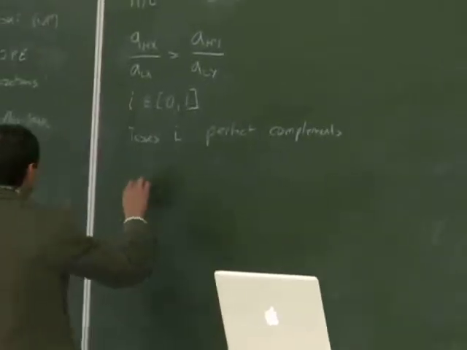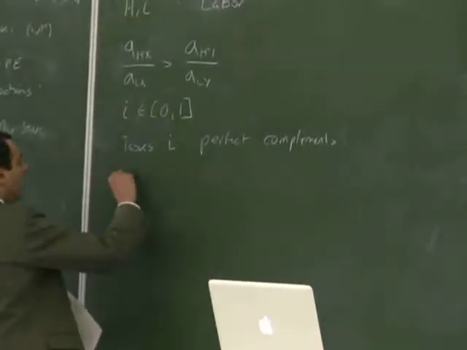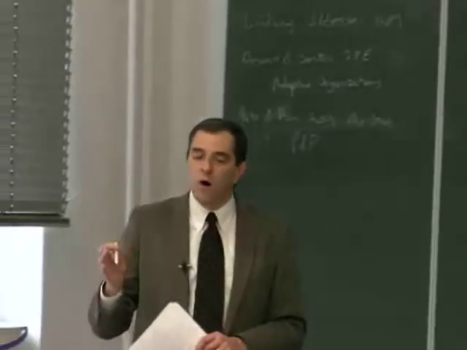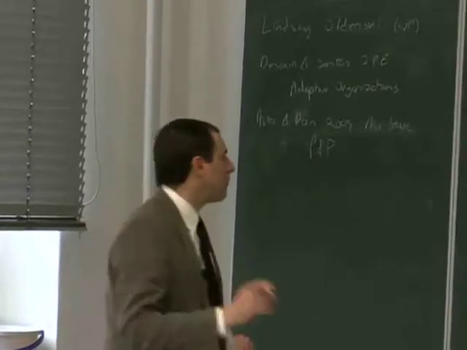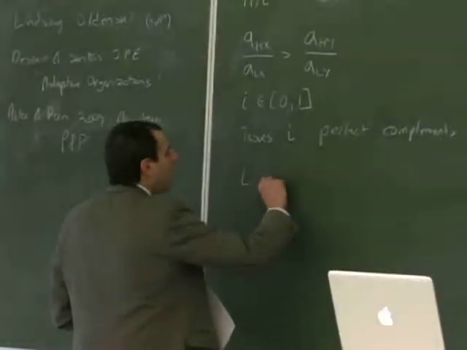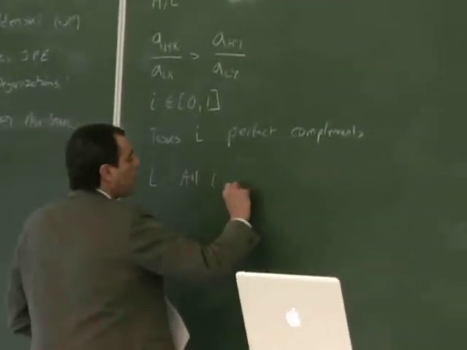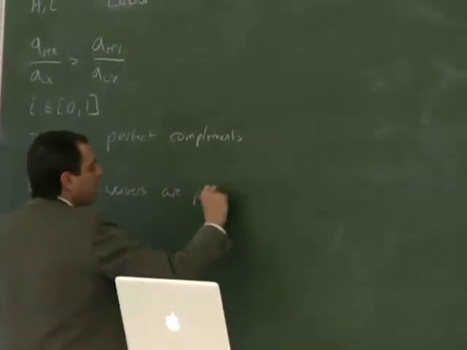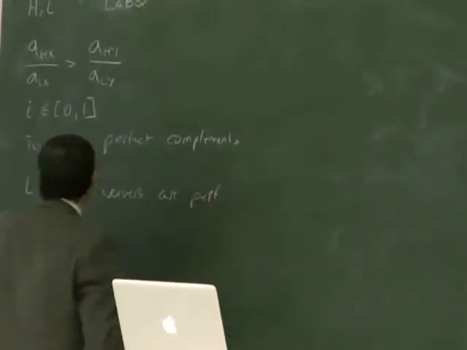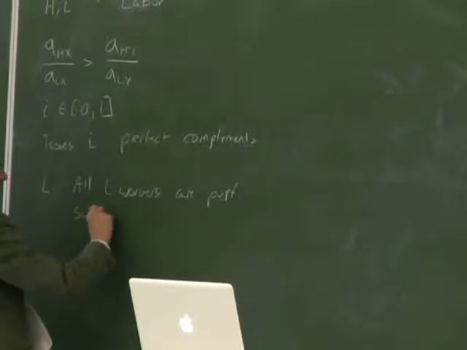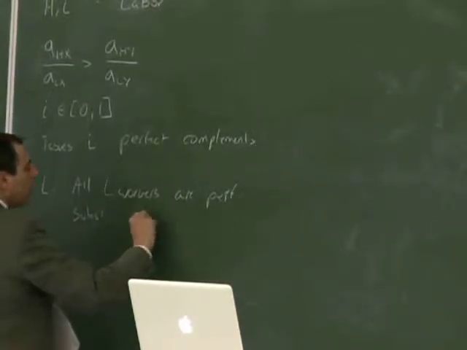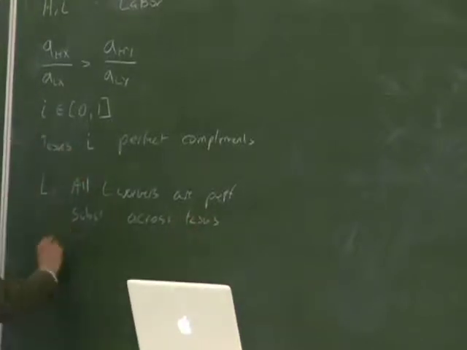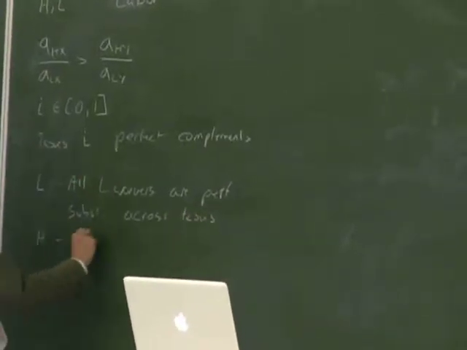And the other thing is that if we have L workers, right, they're doing these L tasks, right, but essentially, all L workers are perfect substitutes across tasks, right, and similarly for H workers, right?